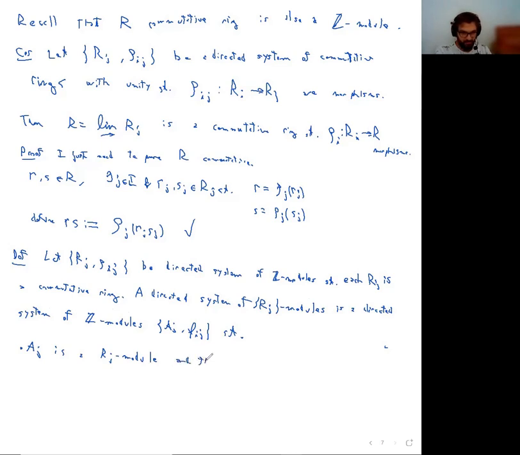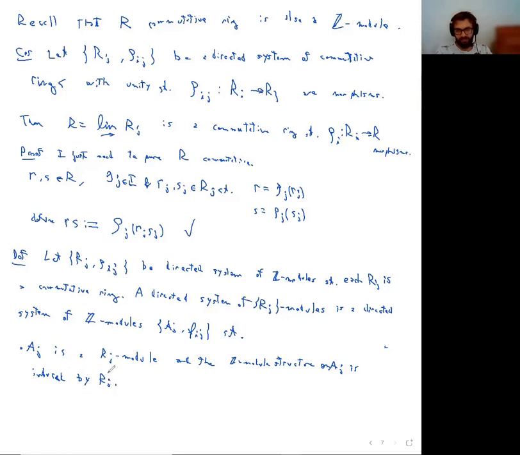And the Z module structure on Aj is induced by Rj. Yeah, so Rj is a Z module.